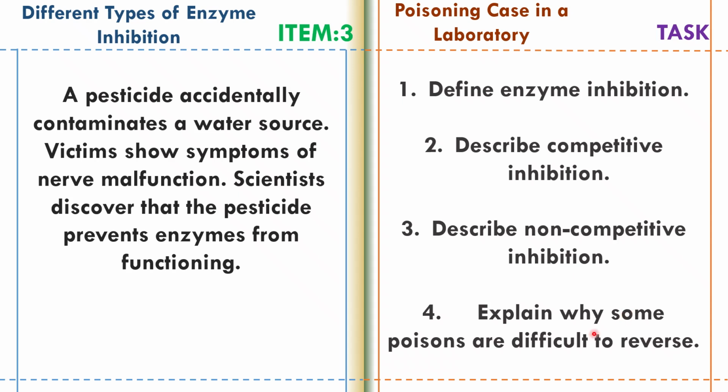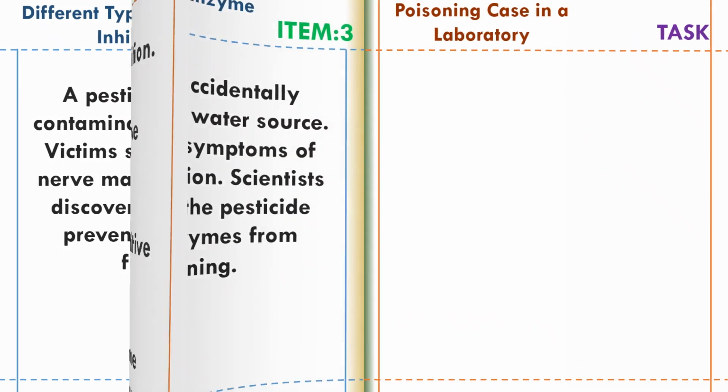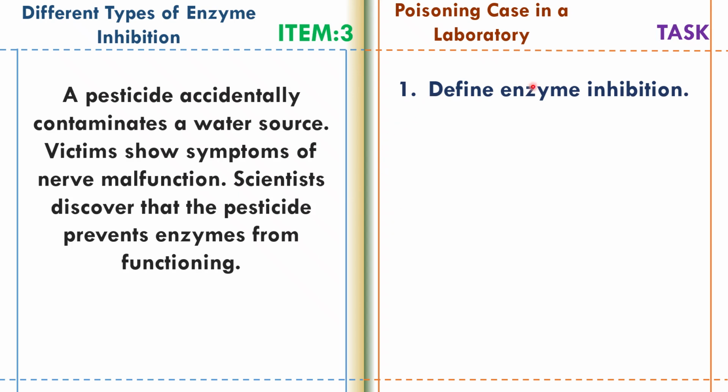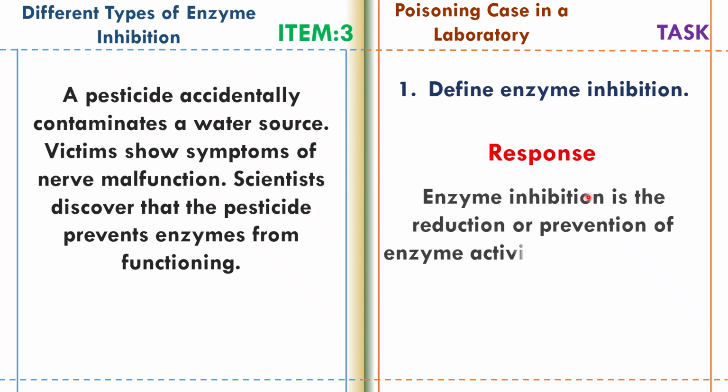Explain why some poisons are difficult to reverse. Define enzyme inhibition. Enzyme inhibition is the reduction or prevention of enzyme activity by an inhibitor.